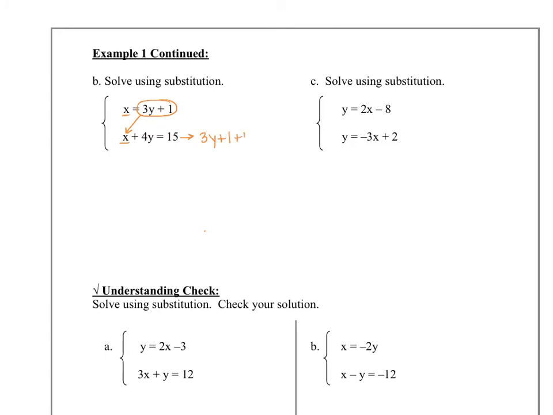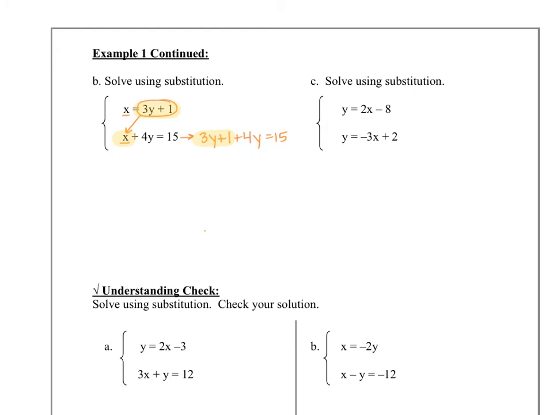But we're still going to keep 4y equals 15. That's the part you have to be careful with, because a lot of times people forget and just leave part of it out, or they don't use the whole thing. So you're taking out x and putting in what x is equal to, substituting in what it equals.